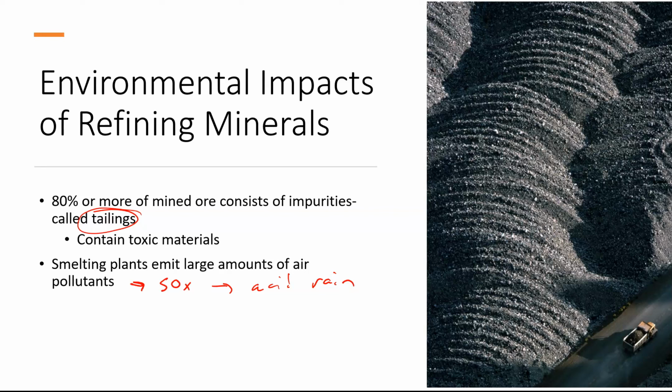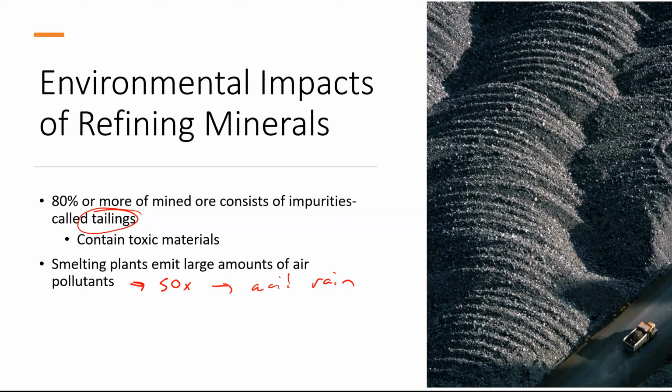So acid rain, we'll discuss more in our Unit 7, which is a unit specifically on air pollution. But for this point, what we have to understand about acid rain is it's not like if you were outside and acid rain hit your skin, it would cause severe irritation to your skin.